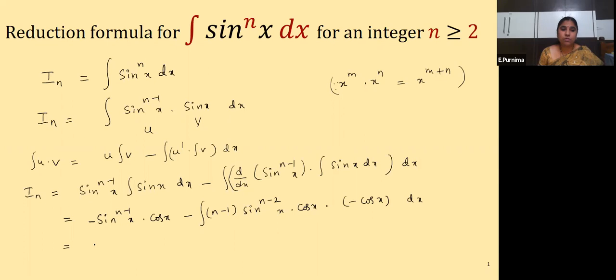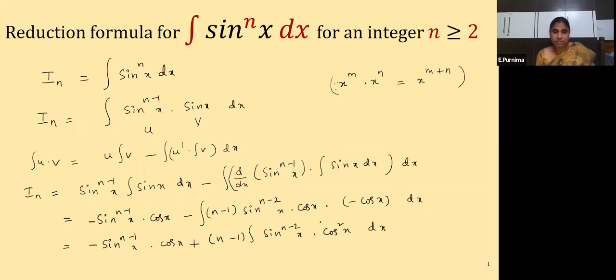Into dx. So don't forget to differentiate the internal function. Which is equal to minus sine to the power of n minus 1 x into cos x. Here minus into minus is plus. n minus 1 is a constant which comes outside, into sine to the power of n minus 2 x into cos square x into dx. Understood, children?